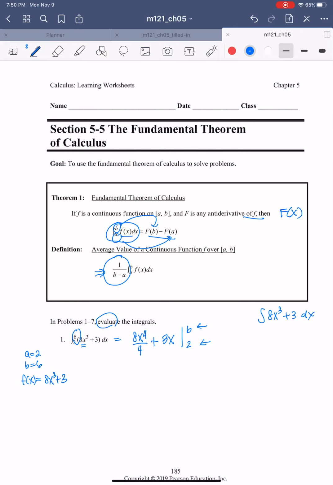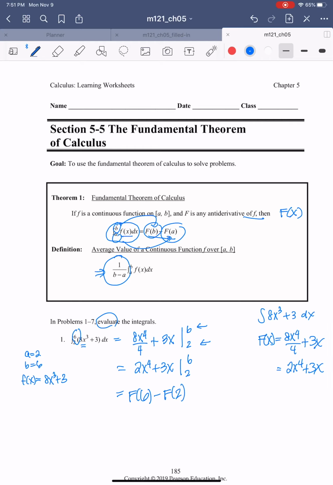So the fundamental theorem of calculus says, literally, that's what it is. Your antiderivative of the function ended up being 8x to the 4th over 4 plus 3x, which reduces down to 2x to the 4th plus 3x. So let's even write that, 2x to the 4th plus 3x. And that's what this means: F of 6 minus F of 2.